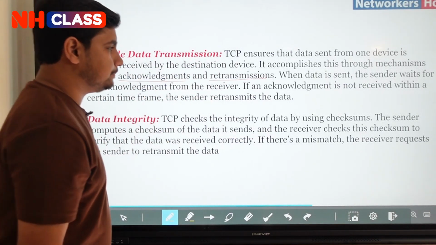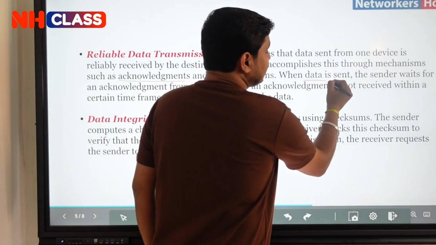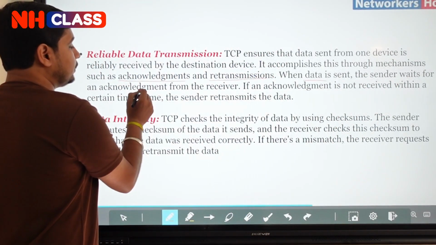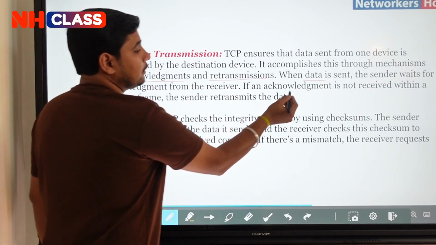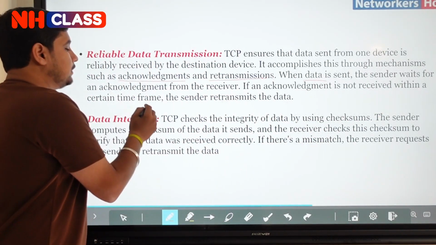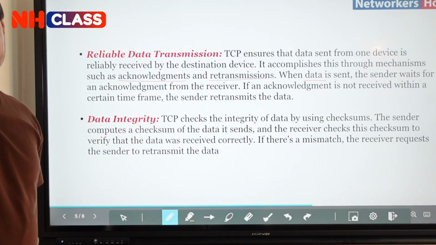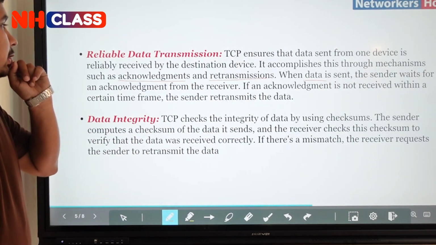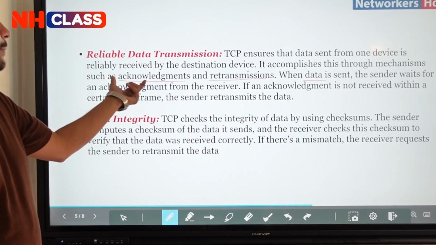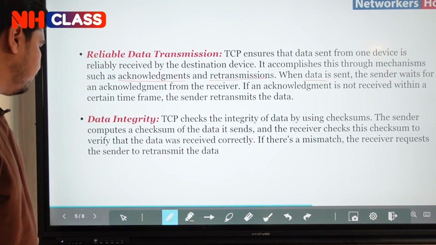When the data is sent, the sender waits for the acknowledgement from the receiver. If the acknowledgement is not received within a certain time frame, then the sender retransmits the data. So this is the concept of reliable data transmission.